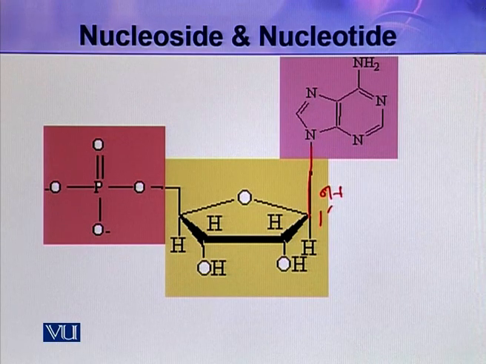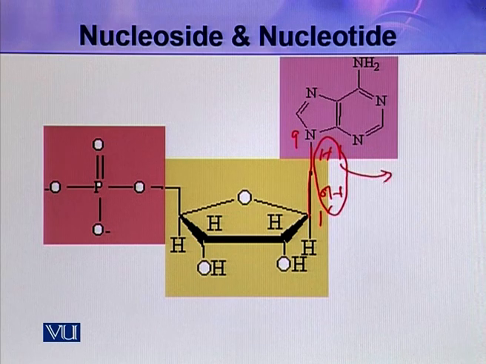So this is nitrogen number 9, and this nitrogen contains a hydrogen atom. So the hydrogen of the nitrogenous base and the hydroxyl of the pentose sugar combine, and with the elimination of a water molecule, these two groups, that is a pentose sugar and a nitrogenous base, are attached.